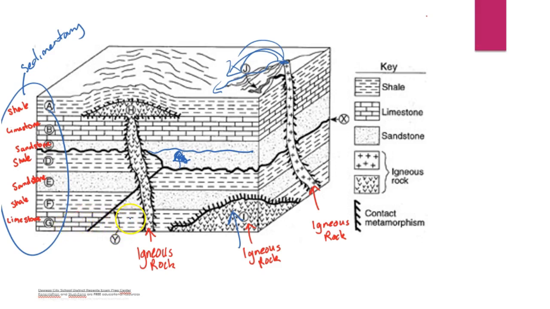Think, which direction did it slip down? Did it slip down or up? If you line these guys up, you can see that these layers all line up, which means that this limestone here came first, followed by the shale, followed by the sandstone, followed by the limestone.